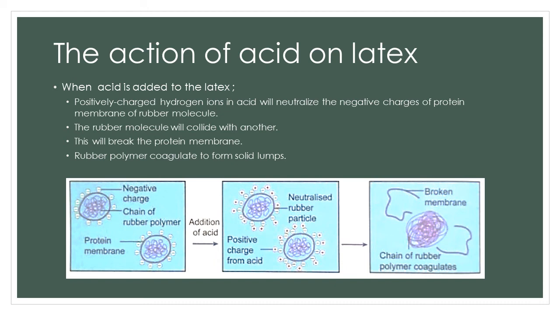This hydrogen ion will neutralize all the charge around the protein membrane. Now the protein membranes will collide with each other and break down the membrane. So the chain of rubber polymer will coagulate to form a solid lump. It's no more in liquid form.